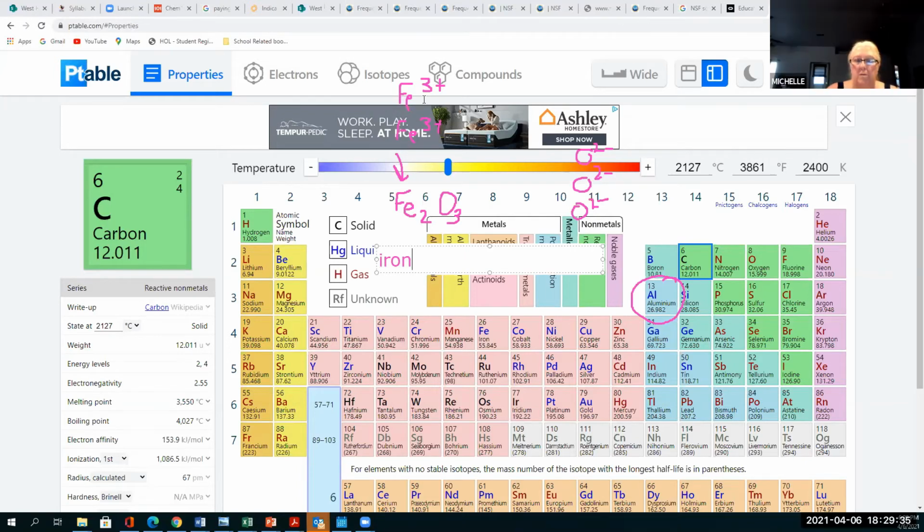What is the charge on that single iron? 3. So then it would be iron 3. Remember, it's just the charge for a single ion. It's not the number of them. That's right. Iron 3 oxide.